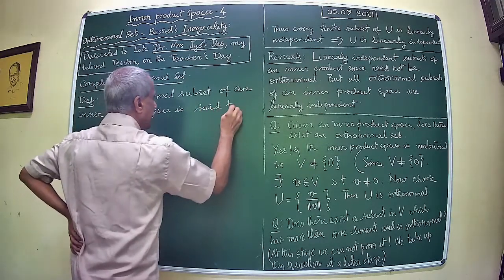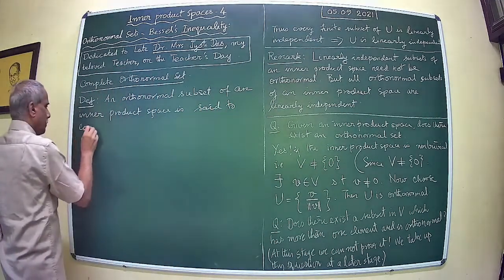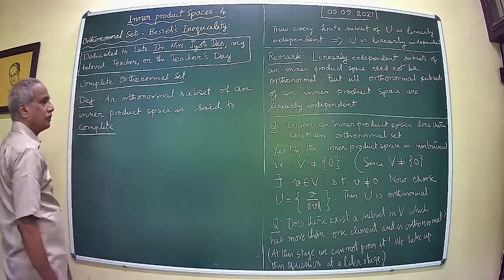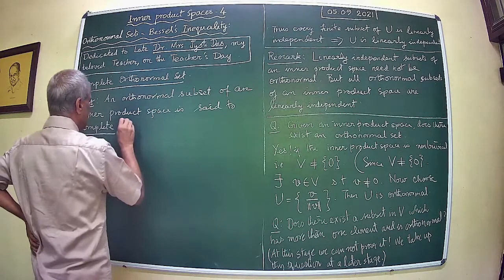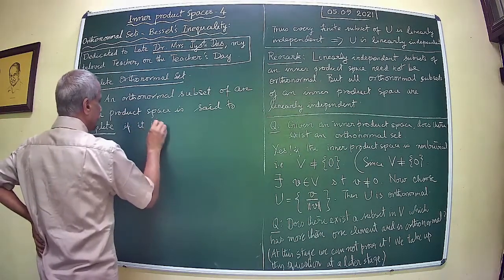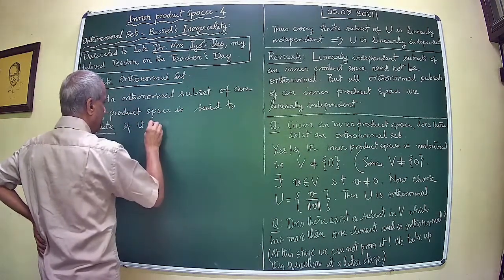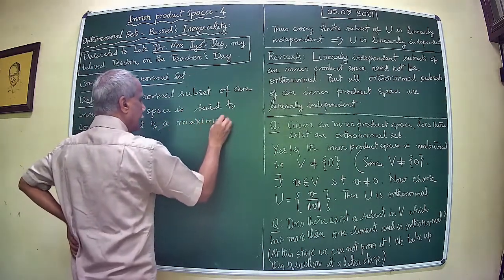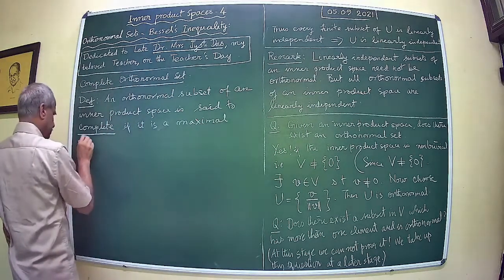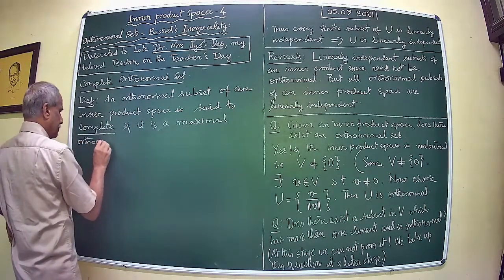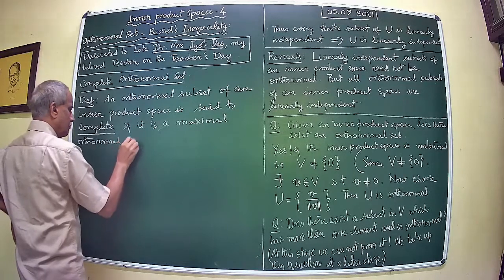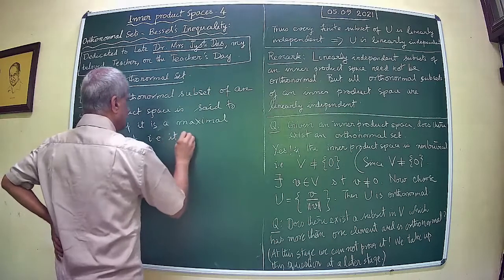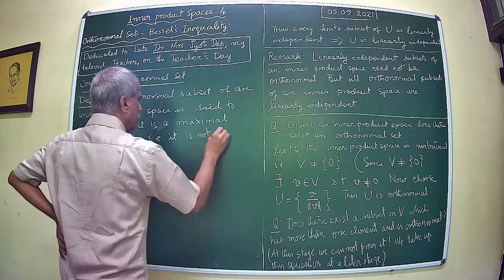Is said to be complete if it is a maximal orthonormal set. That is, it is not a proper subset of a larger orthonormal set.